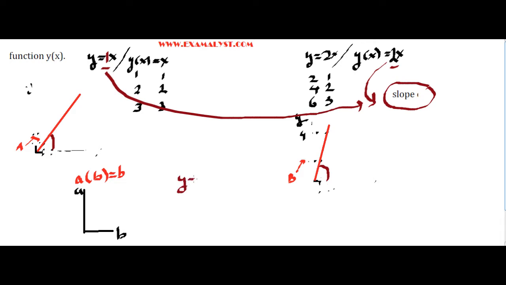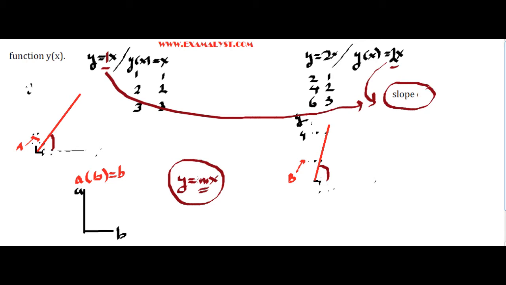So in general, if I write an equation y equals m x, where I have multiplied x by a number m, this m is the slope. So in the second definition, slope is a number m that multiplies the variable x.